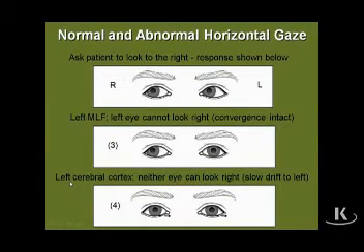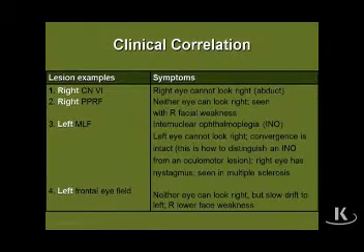So skipping back now, we can kind of summarize these last two cases using this slide, where we had an example of a lesion of the left MLF. And classically, that causes an inability to adduct an eye during voluntary conjugate horizontal gaze, but convergence is intact, allowing us to distinguish a patient with an MLF lesion from one with an oculomotor lesion.